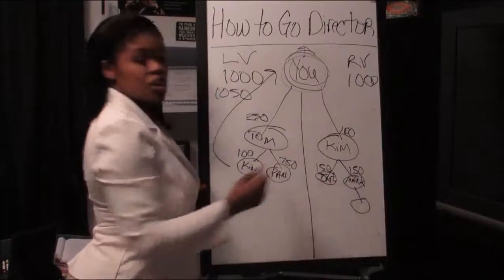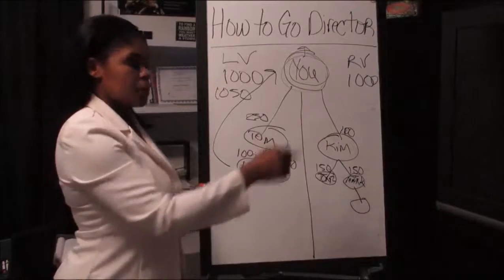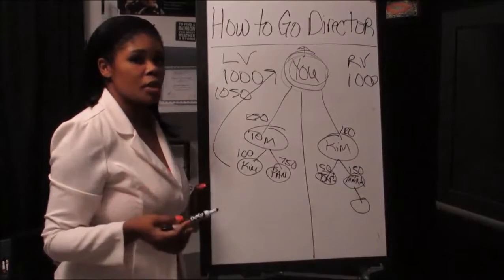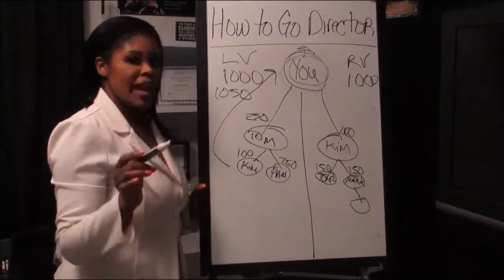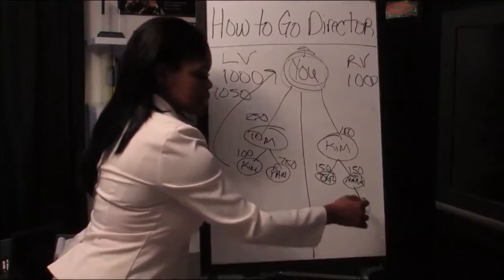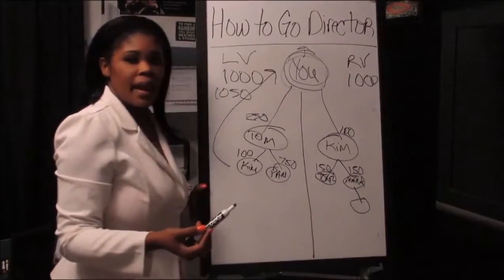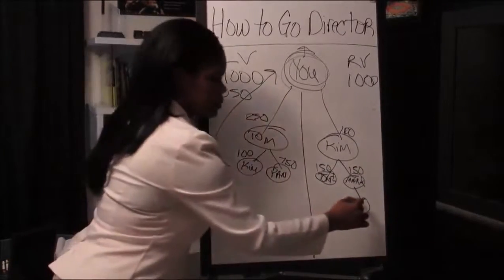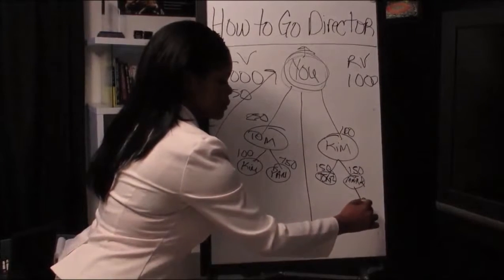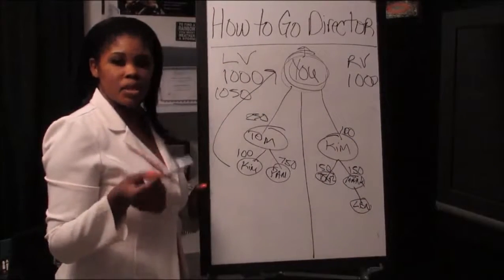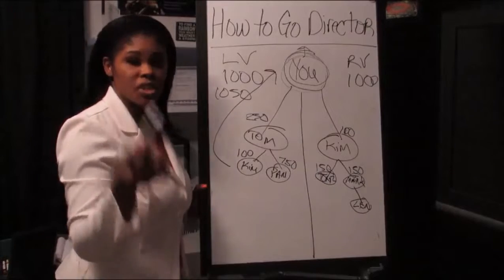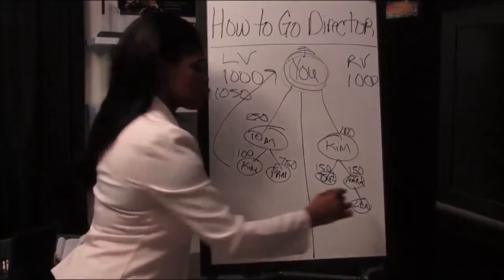Okay, so say your sponsor enrolled someone and that person came in on the $1,500 pack as well. So now you have 700, and say the new person that came in was Lynn. And say that person came in on a $1,500 pack, so that's going to be 750 points for you as well.